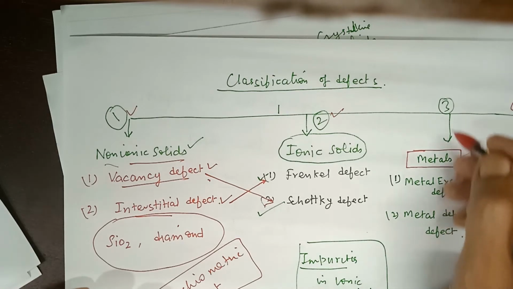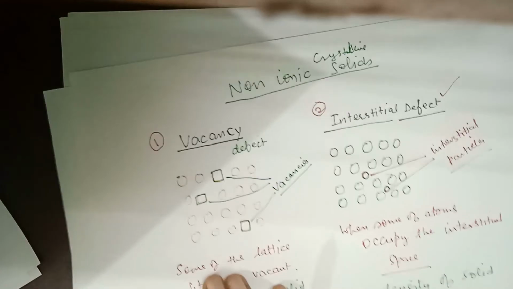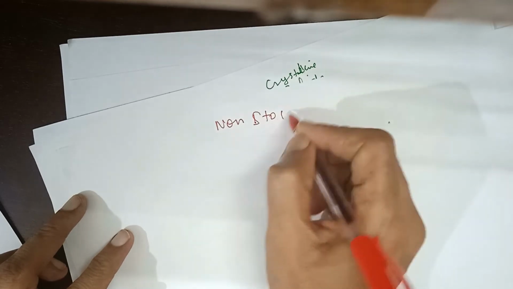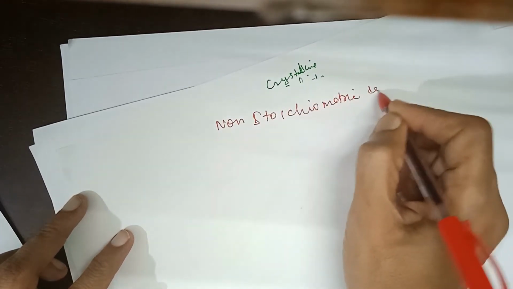These were what we have studied so far, that is stoichiometric defect, and now we come on to non-stoichiometric defect, which is in metals.